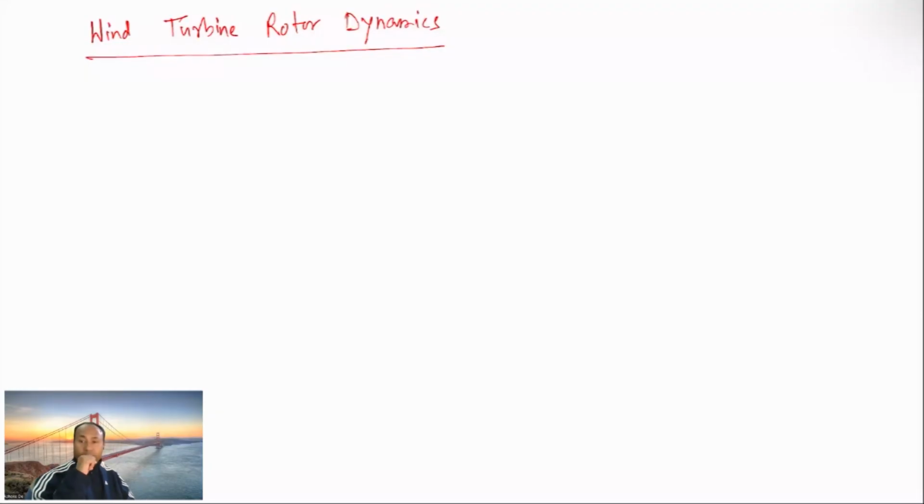Continue our discussion on this wind turbine rotor dynamics. So, what we have discussed or completed so far: the basic principle, the different types of loads, and then how the loads impact the rotor dynamics.